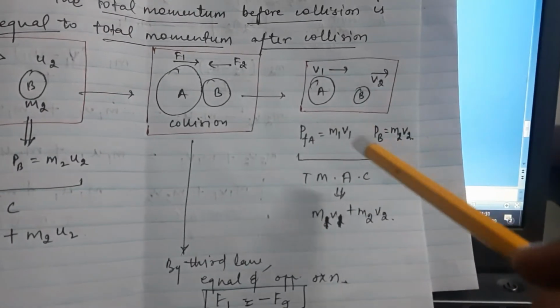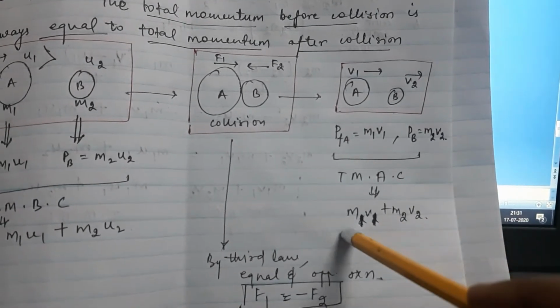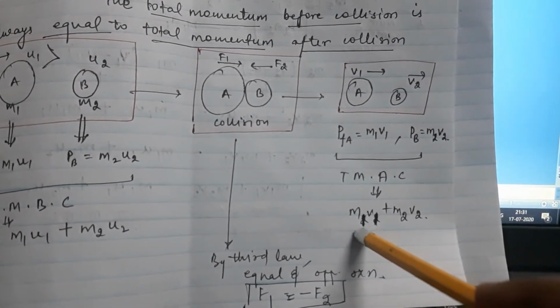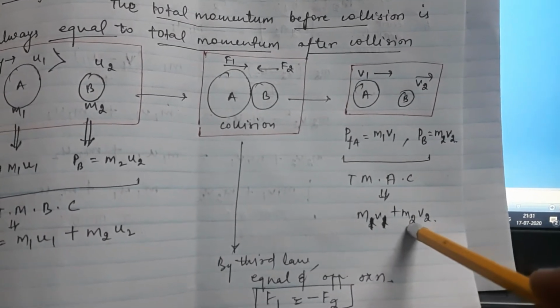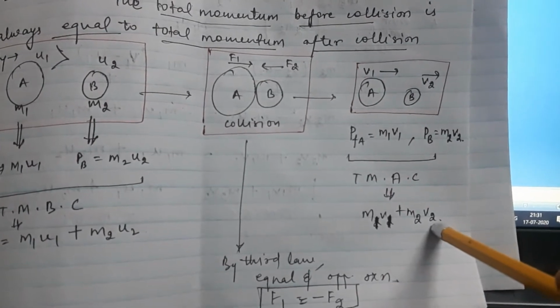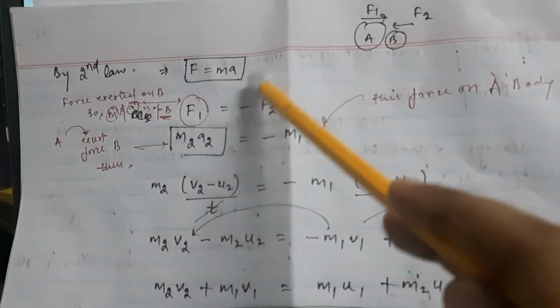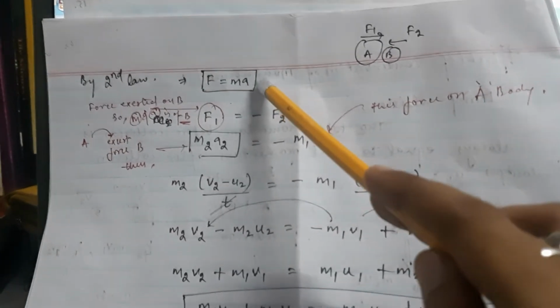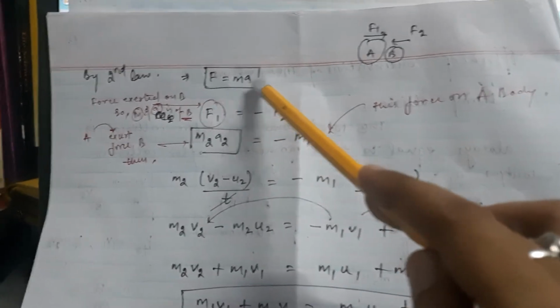So the total momentum after collision will be written as the mass of ball A into final velocity of ball A plus mass of ball B multiplied by final velocity of ball B. We have studied from the second law of motion that F is equal to mass into acceleration.